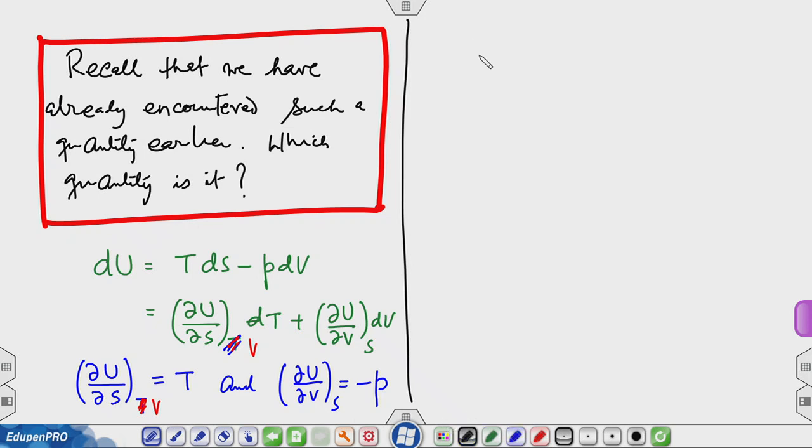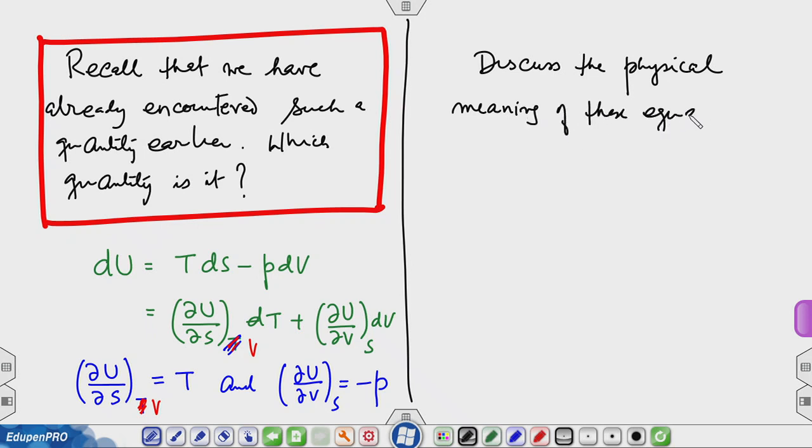Again, I'd like you to discuss the physical meaning of these equations.